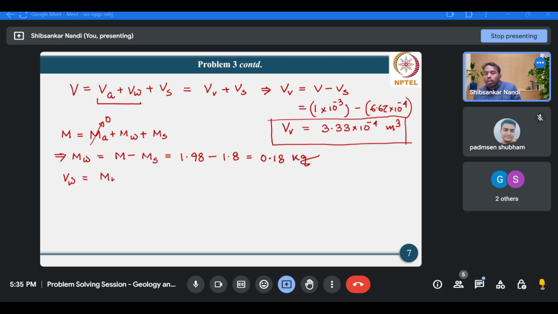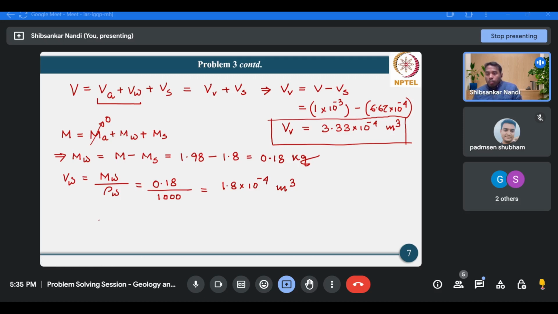It will be simply Mw by rho W, that means 0.18 divided by 1000, that means 1.8 into 10 to the power minus 4 meter cube.